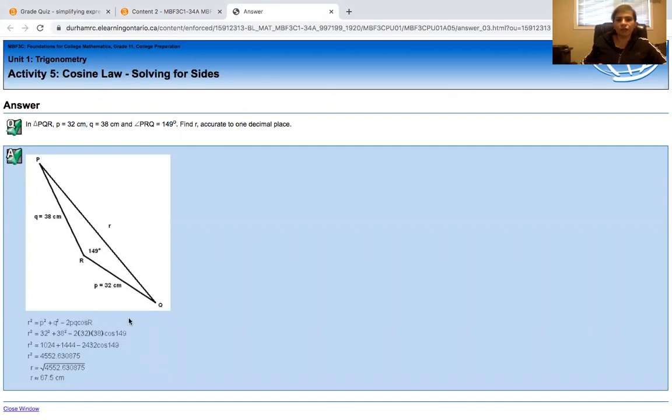One thing I need you to be careful with here: if on your calculator you do cosine 149, that's going to be a negative. So that's going to force this to become a positive. So what you're going to have is 1,024 plus 1,444.